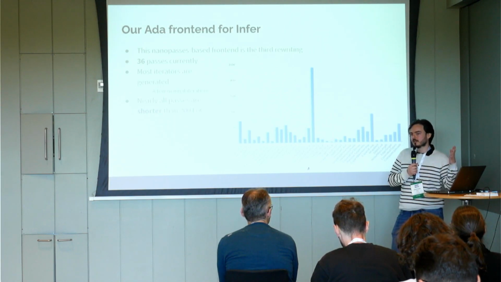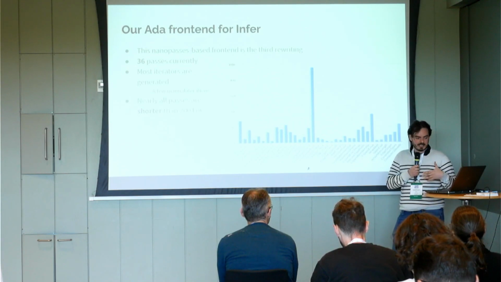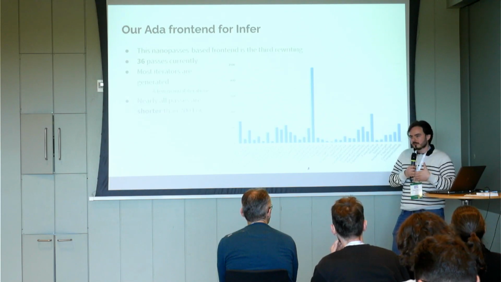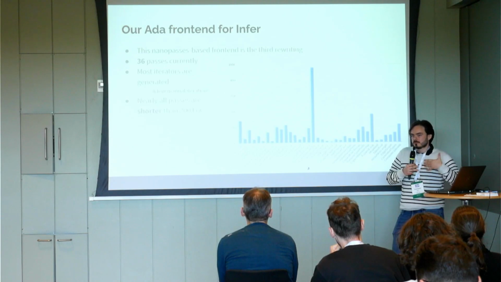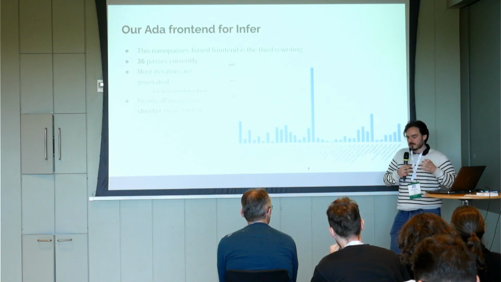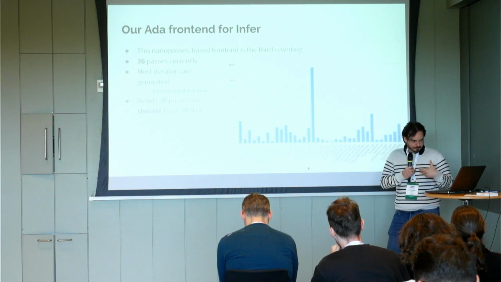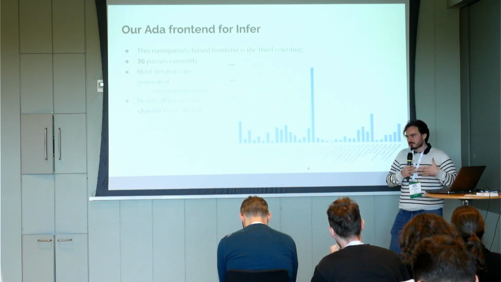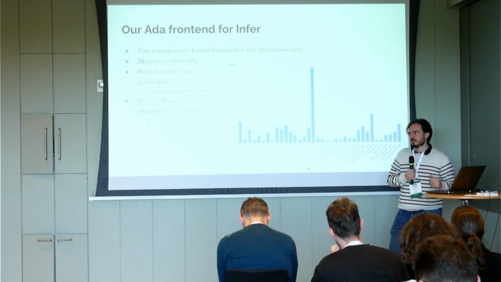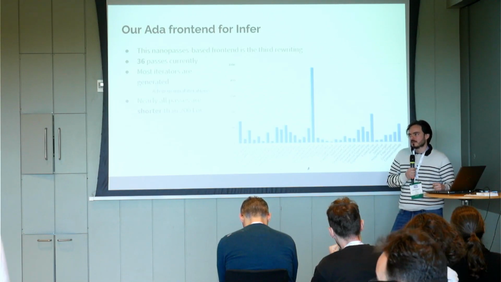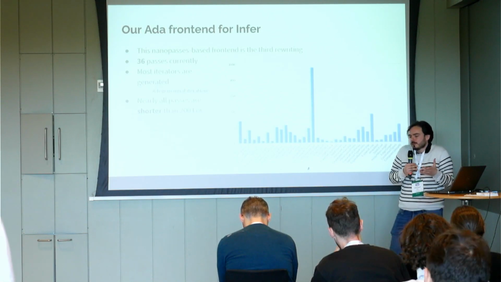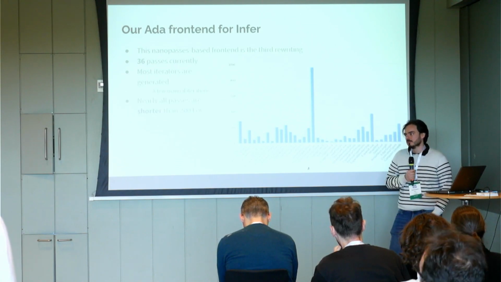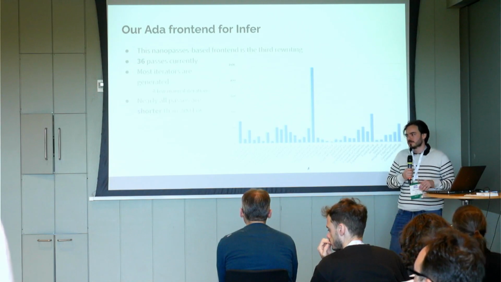So we have a big test suite for the compiler called ACATS, and we run Infer on this test suite with Infer bow, because Infer bow gives more information about values, and it was better for the purpose of testing the front end. So we had not a lot of diffs on this test suite in the end. It was actually okay, so we relied on this test suite to find out if the results were good or not.